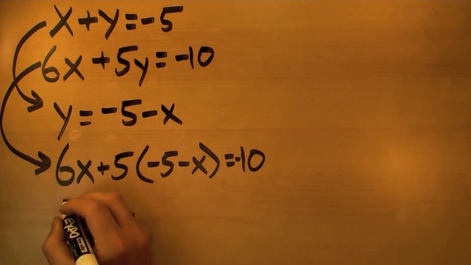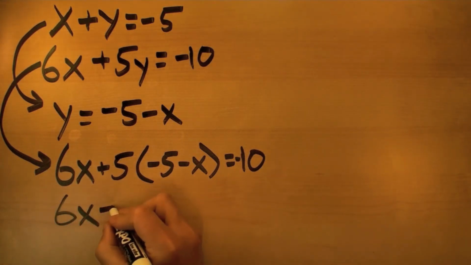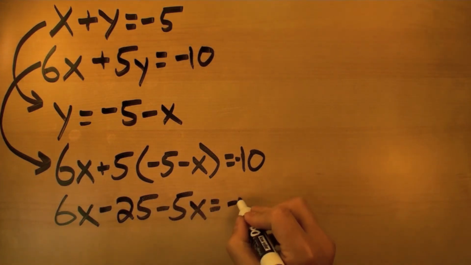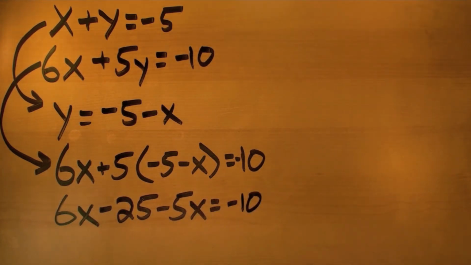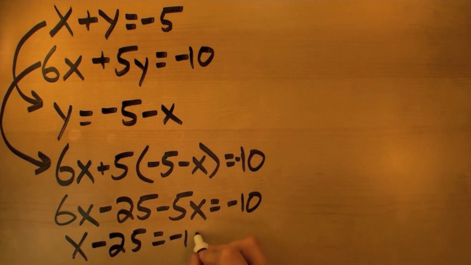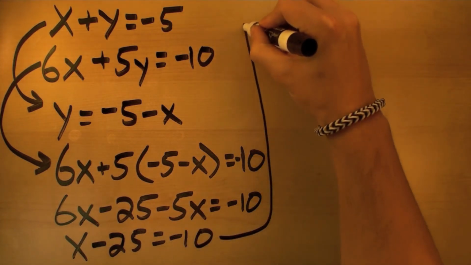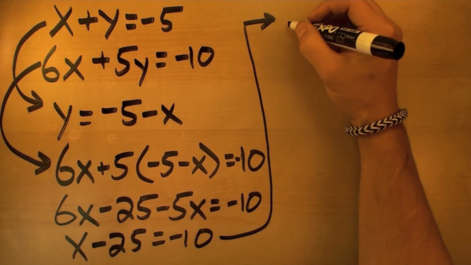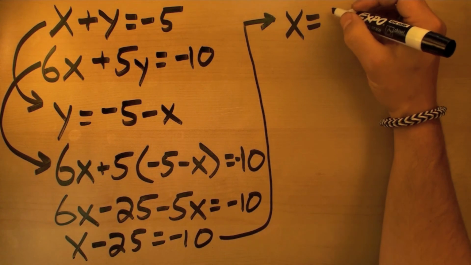So this becomes 6x minus 25 minus 5x equals -10. 6x minus 5x is x, minus 25 equals -10. If we continue up here, then adding 25 to both sides gives us x equals 15.